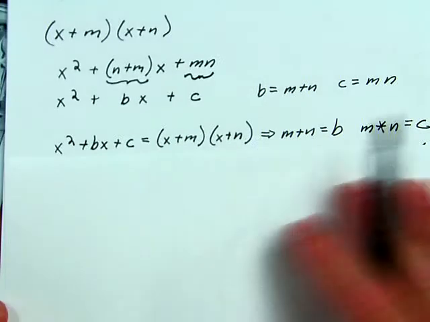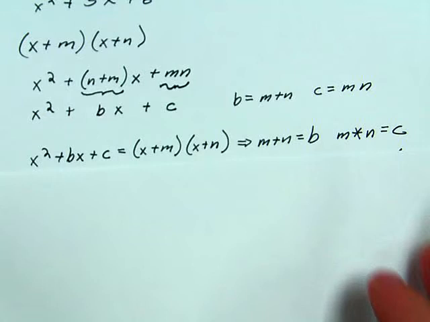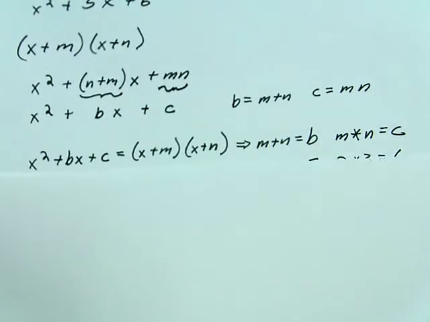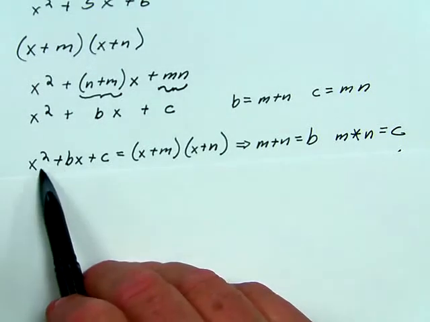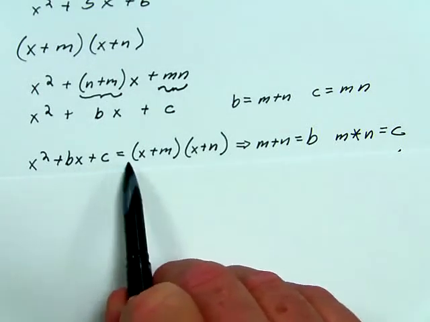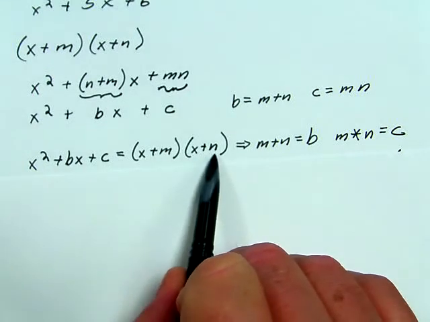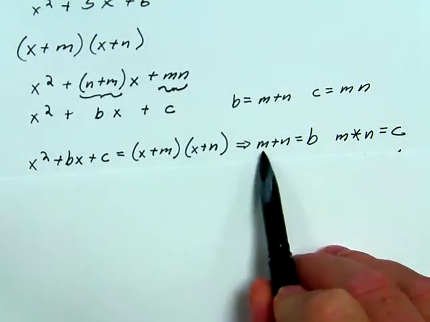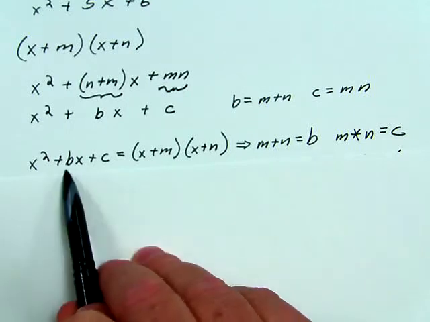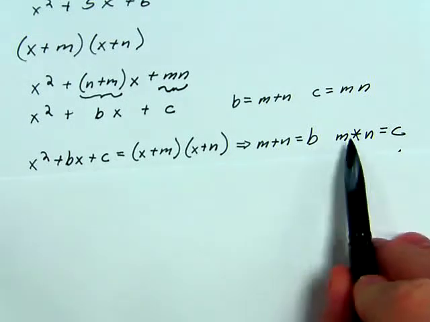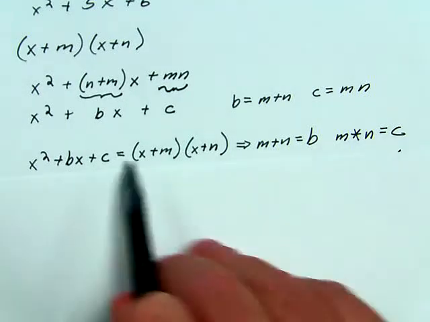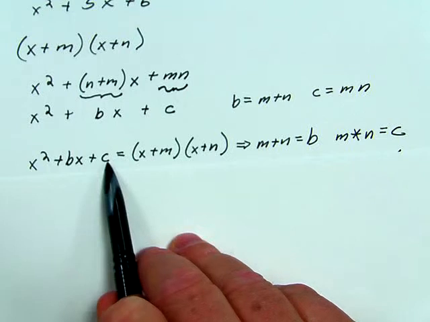Let's restate it simply: x squared plus bx plus c is equal to x plus m times x plus n if m plus n is equal to b, the coefficient of the middle term, and m times n is equal to c, the last term.